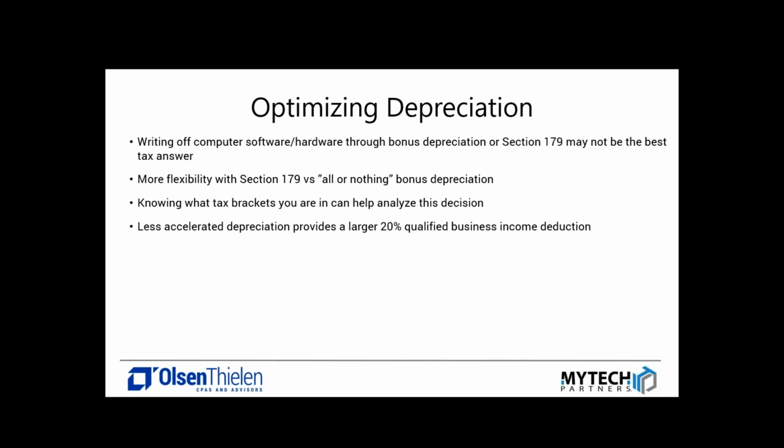I call it all or nothing bonus depreciation, where if you want to take bonus depreciation on one asset, you have to take it on all assets in that class. Also, knowing what tax brackets you're in and projecting what tax brackets you'll be in in the future can help you analyze whether or not to accelerate the tax deduction on these assets, and which one makes sense, short term and long term.